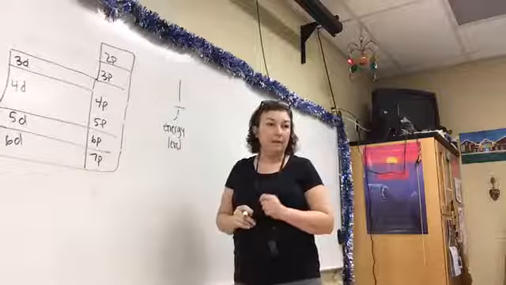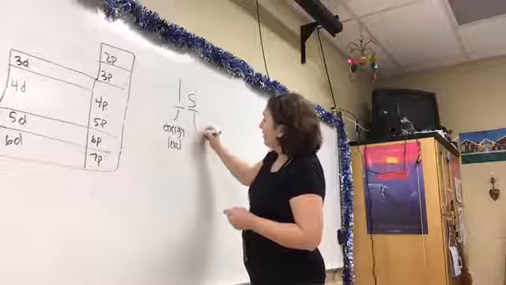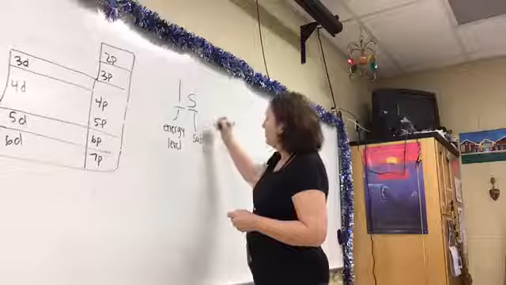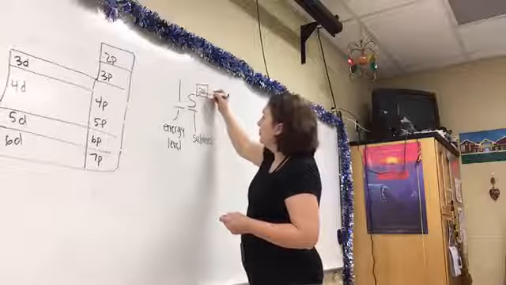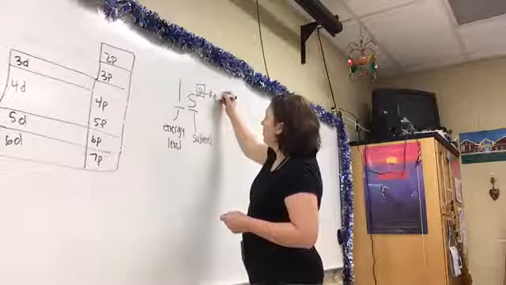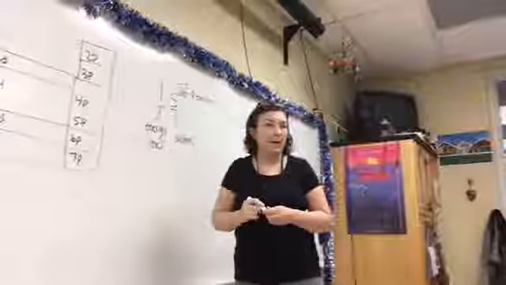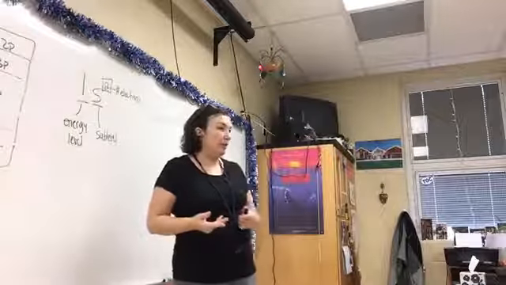Then I put my S. That letter tells me my sublevel. And then I have some superscript up here. I'm going to put a 2. And that tells me the number of electrons. So this is a shorthand way of writing all this stuff.